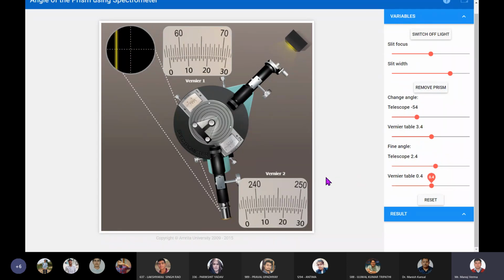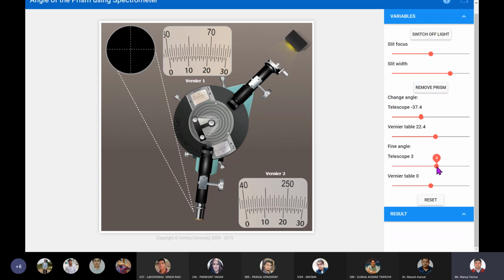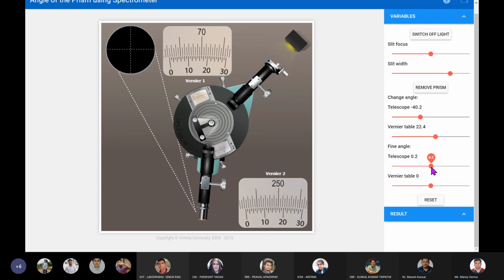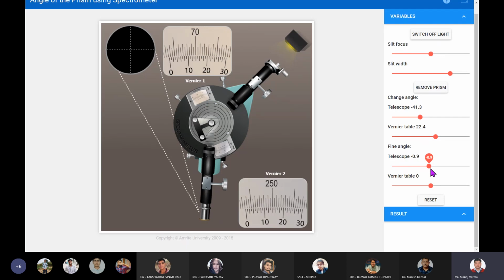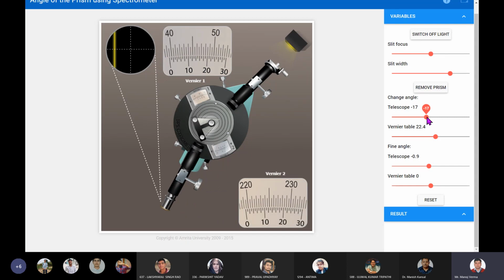Again, also you can move this vernier table slowly with the help of this fine angle of vernier table. These controls will change the values of prism table as well as the telescope drastically, and these controls will change the value slightly, as you can see. These will change values very slightly, and these will change values very fast.